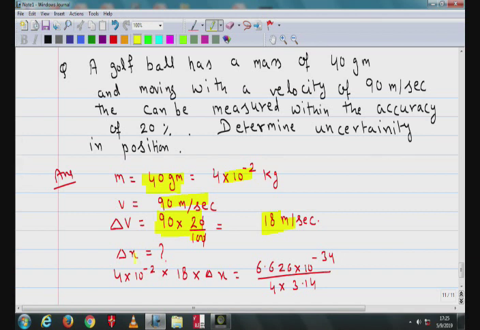Guys, tell me the answer for this question. Senapati, have you cleared the concept? Shillong, have you got the answer? Shillong, what's your answer? Senapati, have you solved it?